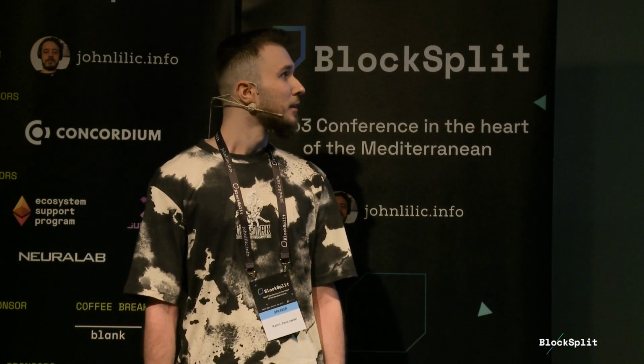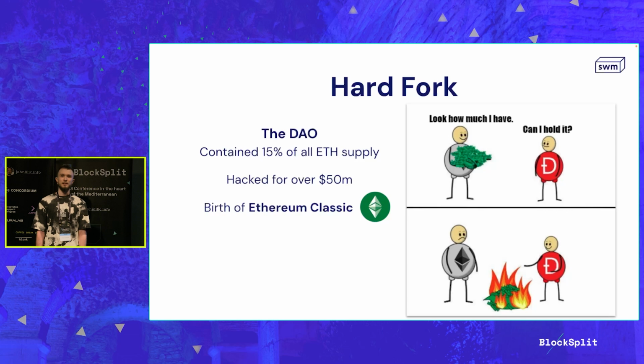It was a smart contract that in 2016 contained approximately 15% of all the ETH supply. It was hacked for over $50 million. And the community of Ethereum decided that they should do the hard fork on the chain and overwrite the history to remove the hack that actually happened.